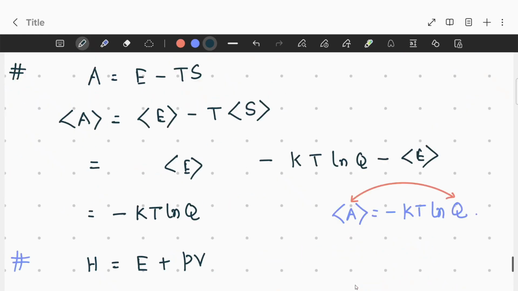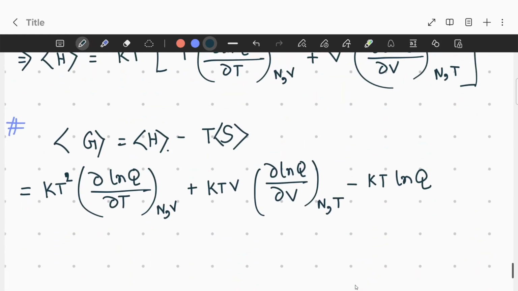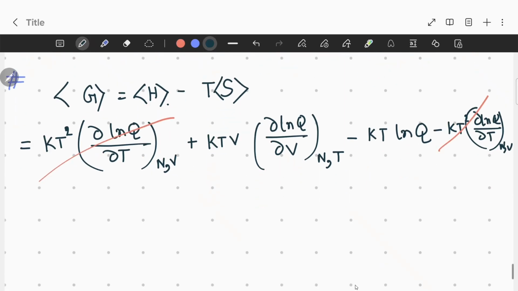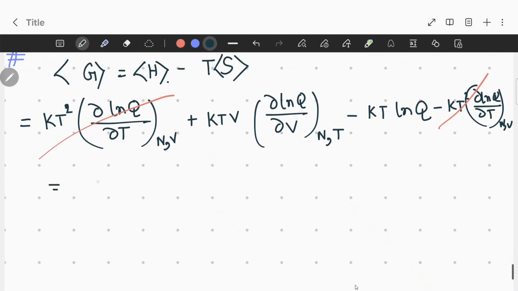The first term will cancel, exactly. It is kT, take common. These forms are not very straightforward, a complicated form.